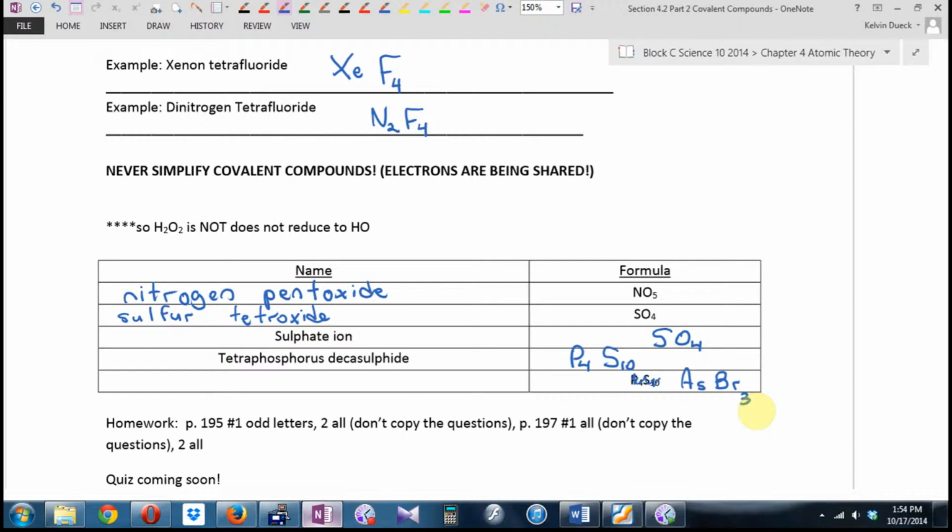So now I think still the ide rule, but with penta, tetra, mono, not the Roman numerals if it's multivalent. So how many arsenics are there? 1, which is technically monoarsenic, but we don't put the mono on the first one. Arsenic tribromide.